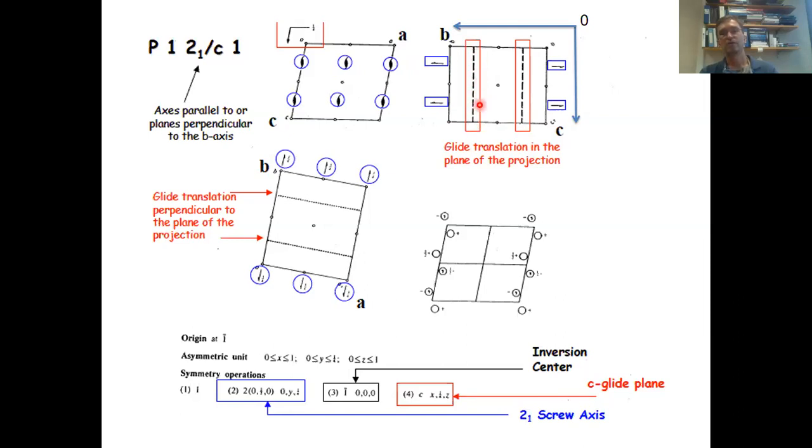So you see the same symmetry elements here again in this other projection. Now these dotted lines here represent the glide planes, okay?